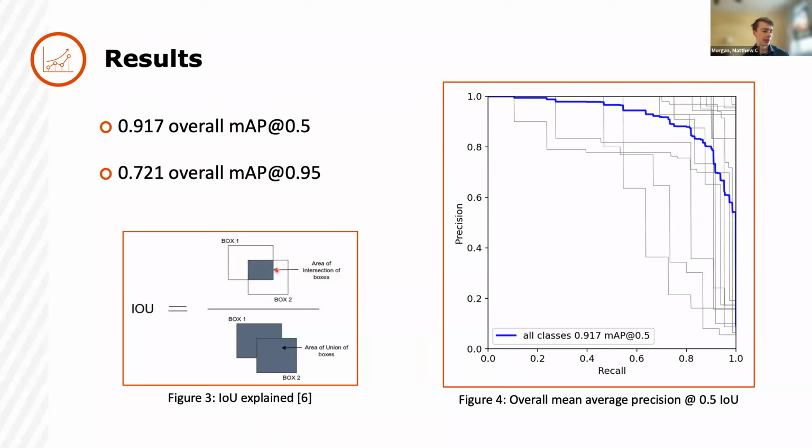You can see that you divide the intersection of box 1, say that's the true value, and box 2 is the predicted value by the model, and divide that by the union of the true value and the predicted box. Divide these two, you get the IOU. So the higher the IOU, the better the guess is by the model, because the intersection will be larger and the union will be smaller.